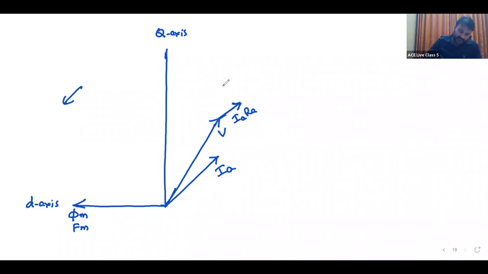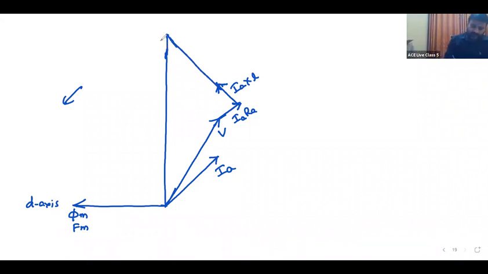And this is the IA XS drop. By adding all the drops, this is E.